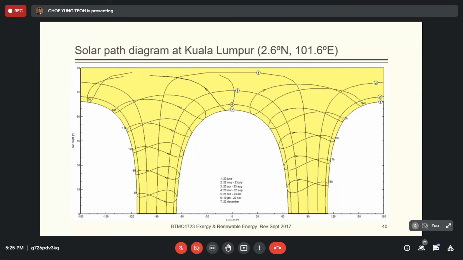So the sun is definitely on the east side in the morning and to the west side in the afternoon. So just look at the positive value or negative value of the azimuth angle. Okay, so this direction should be south, east, west, and south. And then in this direction should be north. Okay, west and east.